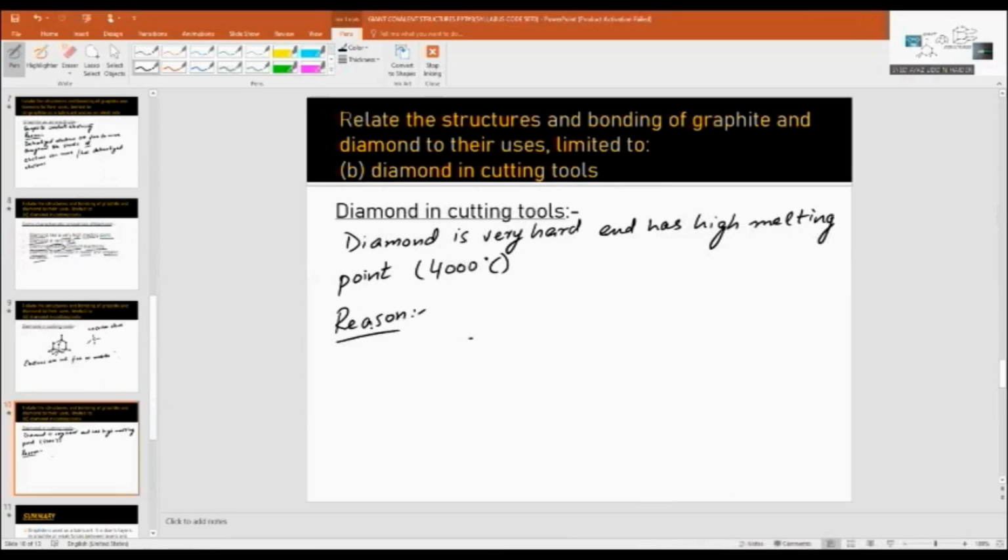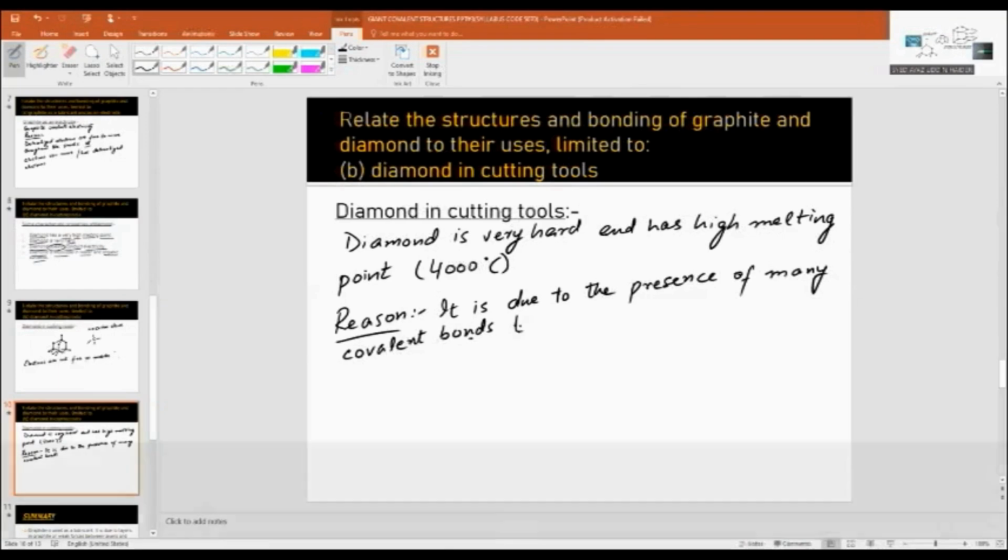The reason is the presence of many covalent bonds throughout the structure.